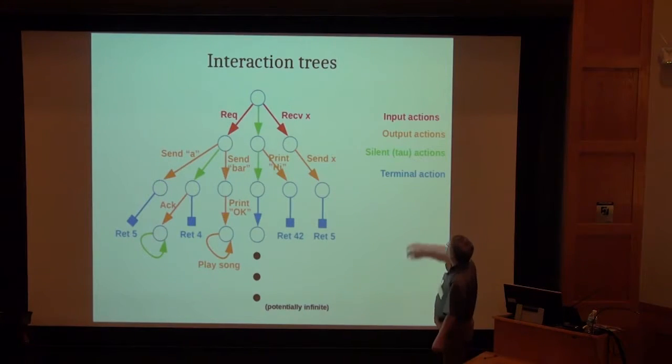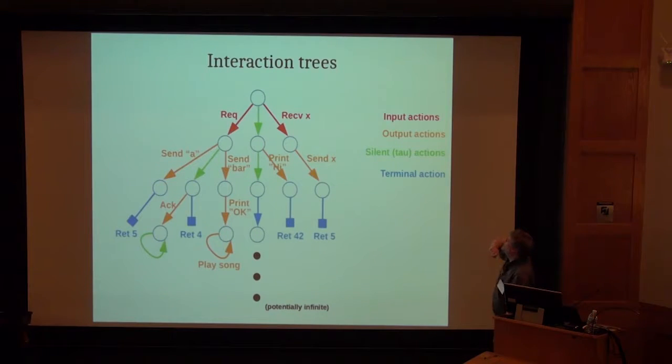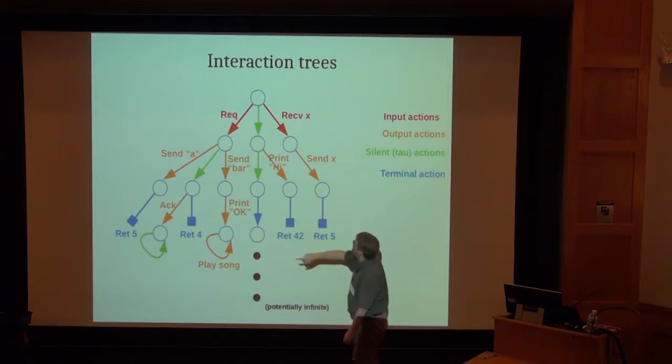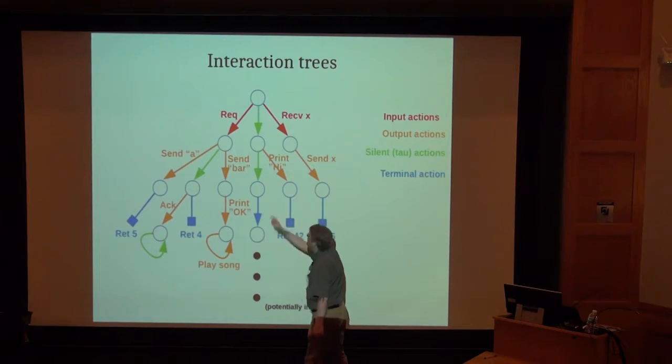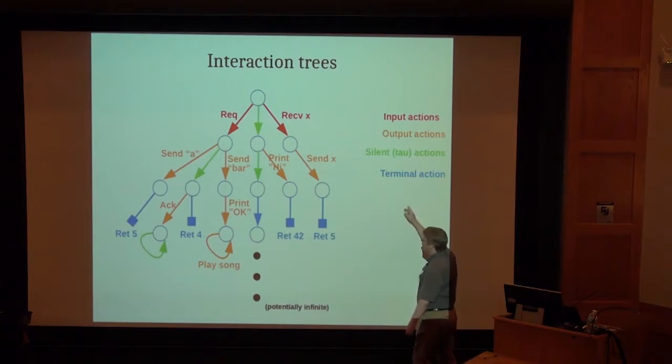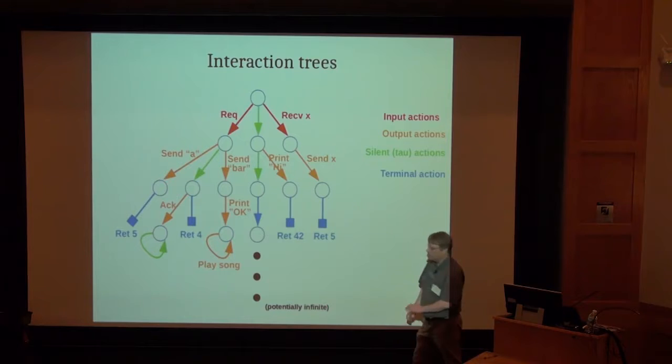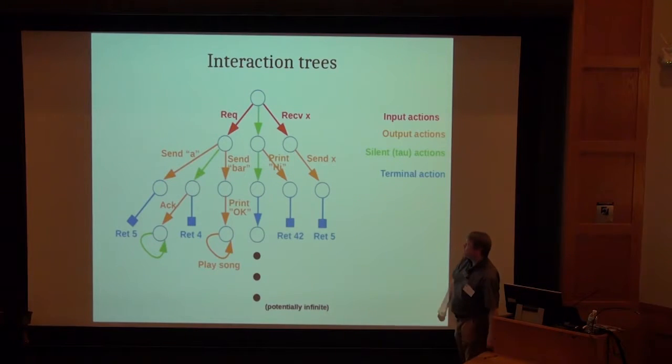So there are visible actions that we may want to partition further into input and output actions. There are silent actions, here indicated in green, these tau actions. There are terminal actions where we just get back with a reply to the outside world and stop interacting afterwards.